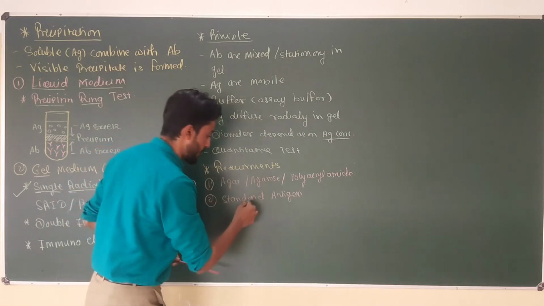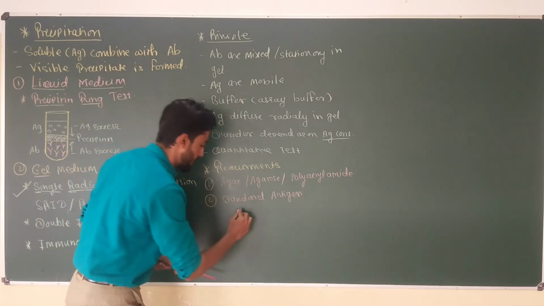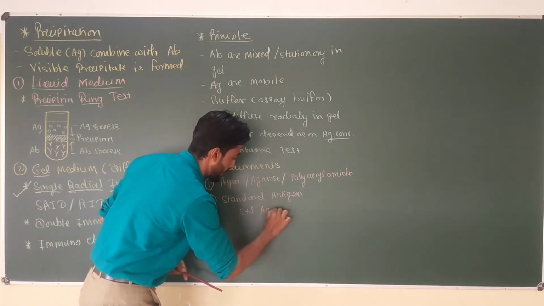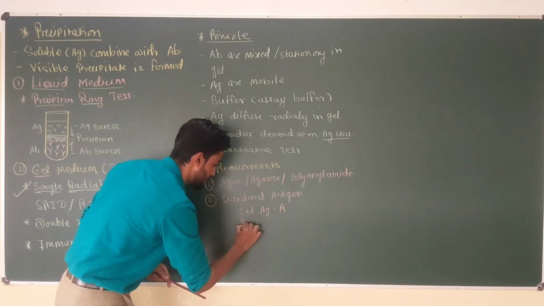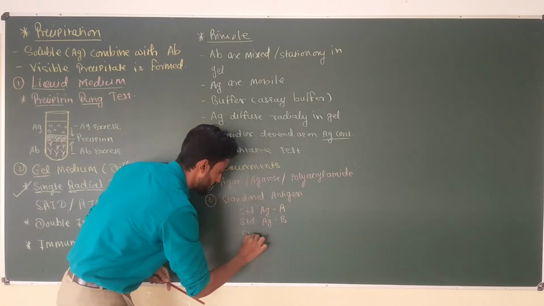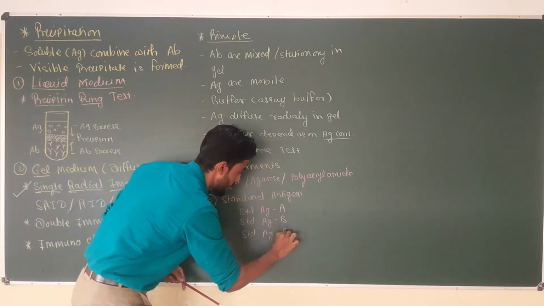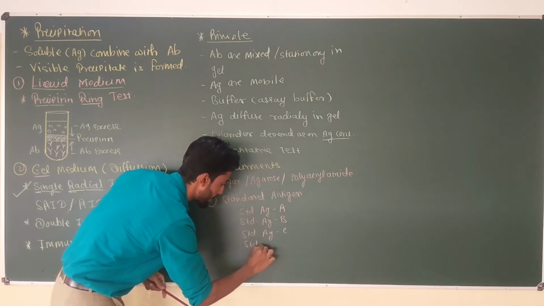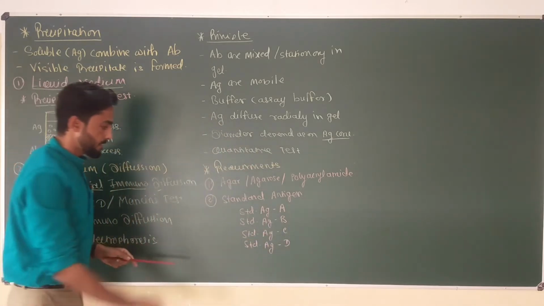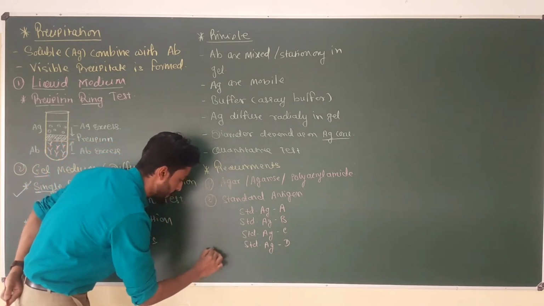Generally, 4 standard antigens are used, like standard antigen A, then standard antigen B, C, and D. Similarly, you are going to need test antigen.